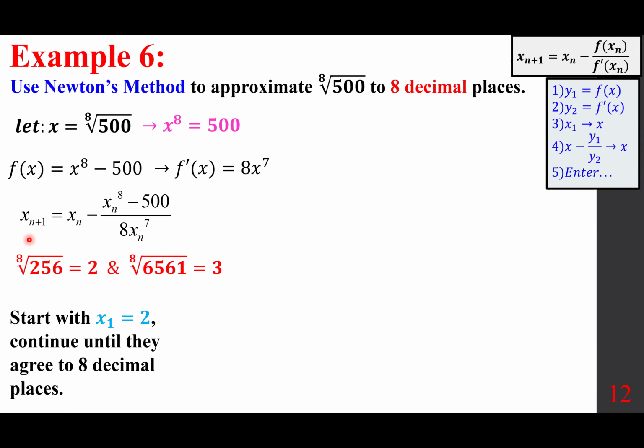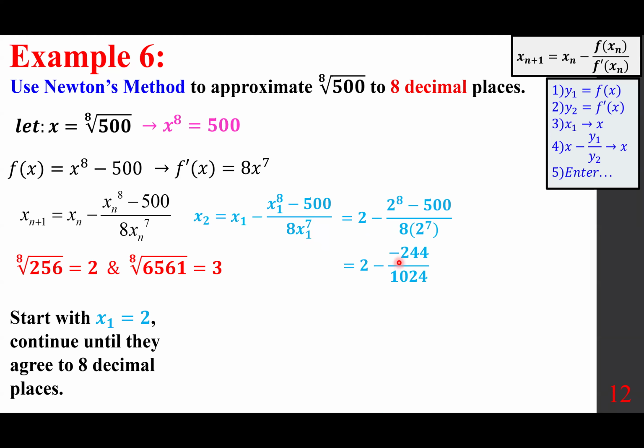So x sub 2, therefore, is x sub 1 minus x sub 1 to the power of 8 minus 500 over 8 x sub 1 to the power of 7. So 2 minus 2 to the power of 8 minus 500 over 8 times 2 to the power of 7. 2 to the power of 8 minus 500 is negative 244.